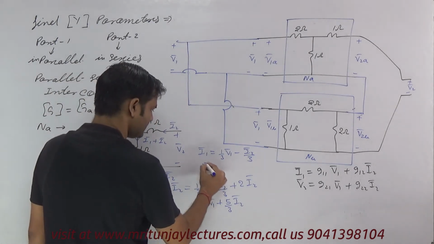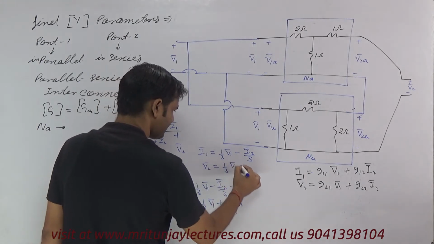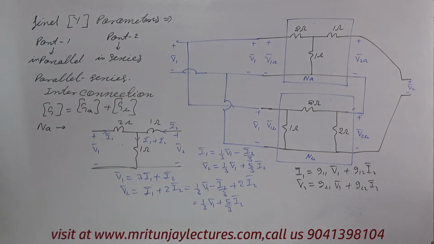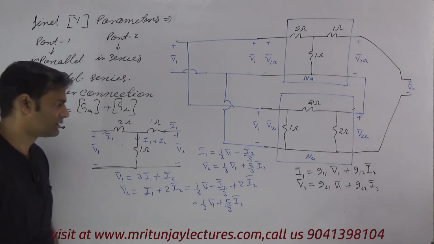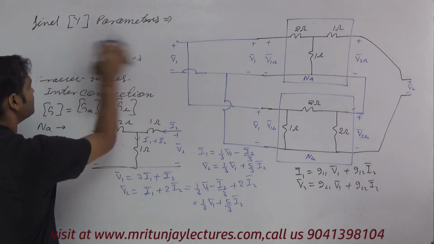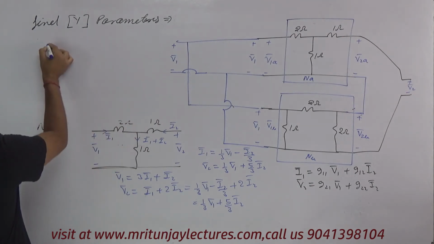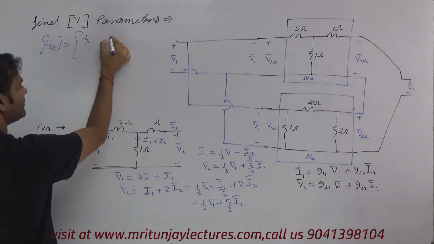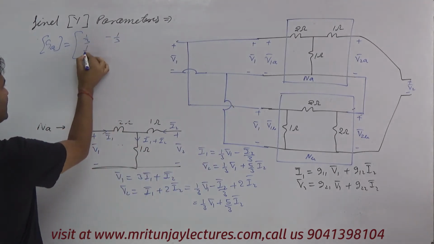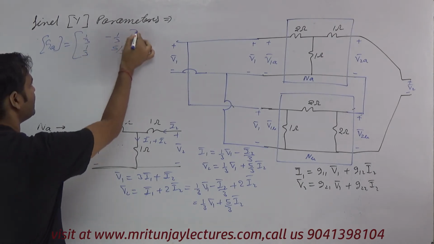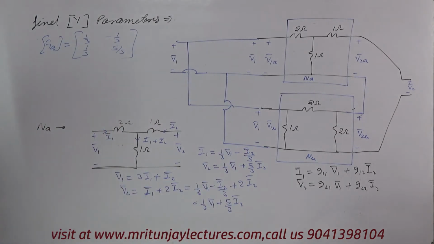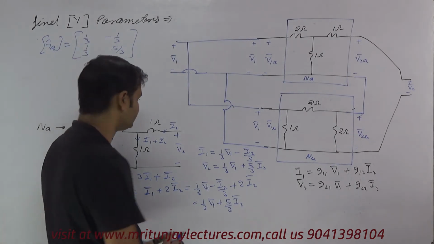So V2 is written as 1 by 3 V1 plus 5 by 3 I2. Thus the matrix is 1 by 3, minus 1 by 3, 1 by 3, and 5 by 3, corresponding to the NA network.